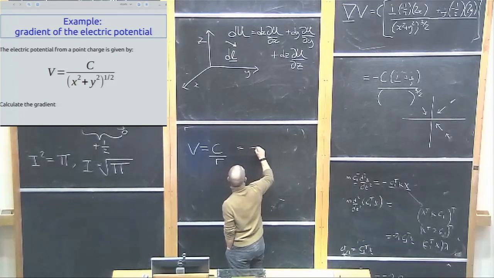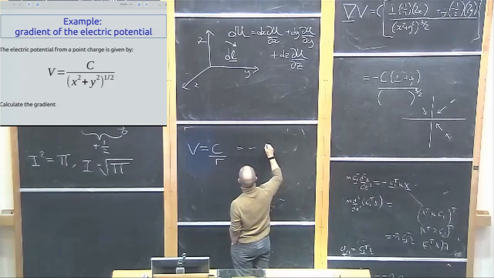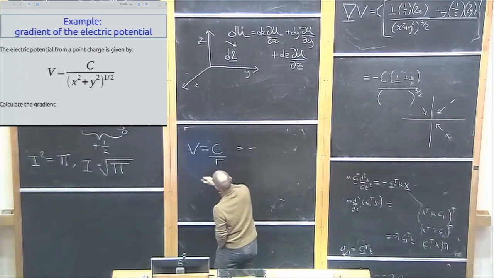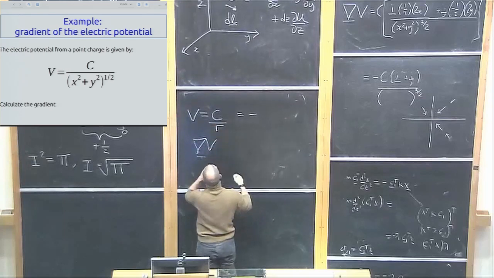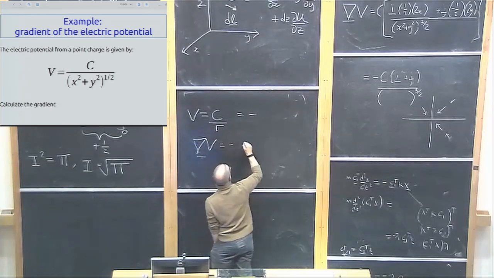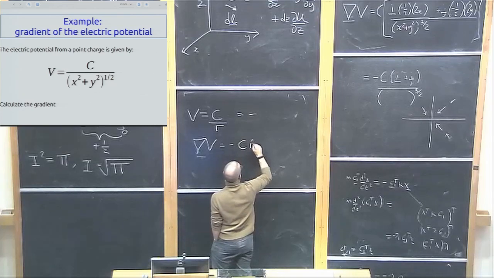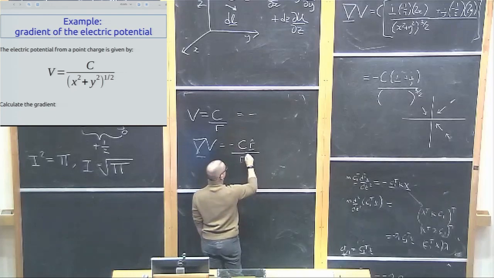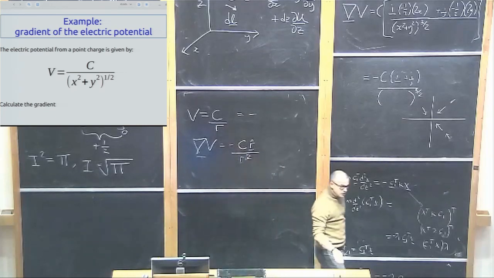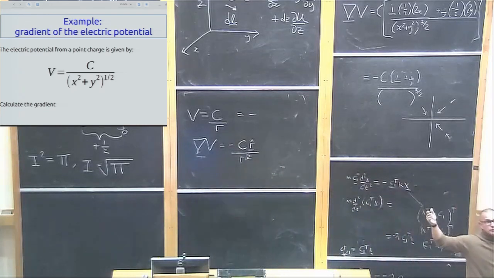Then my electric field, the gradient of the electric potential, is going to be minus C, some unit vector in the radial direction to the point, over R squared. You can just do that by applying the same rule, but switching out your x and y for R.